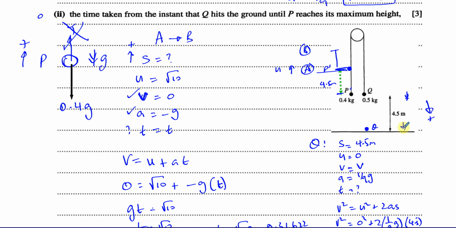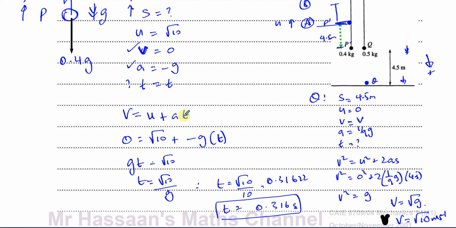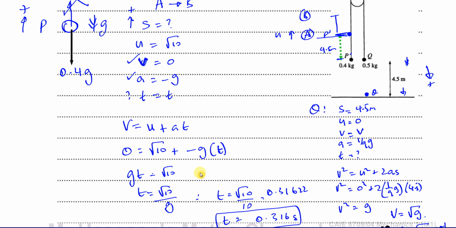How do we find root 10? We found it by using suvat for q as it hit the ground. a is minus g because we're taking upwards positive, it's acting downwards. And we can therefore find the time taken by rearranging this equation.